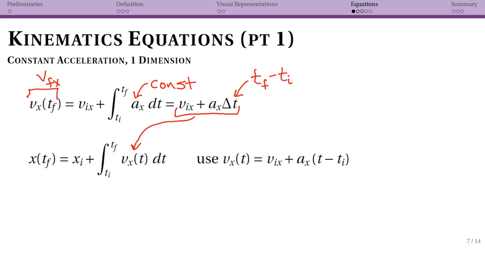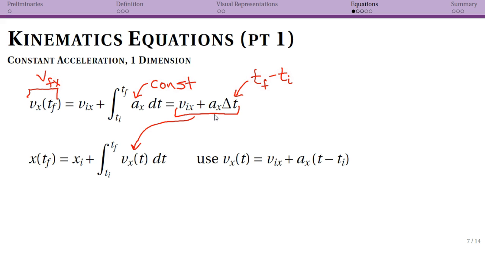So one of the differences that I'm going to use is instead of saying Vx of final time, I'm just going to use general time, so that this is a function of t rather than a specific t. And one of the ways that I can do that is instead of using delta t, where that typically represents final minus initial, I'm going to use instead just t, where again that's generalized time, minus initial time.